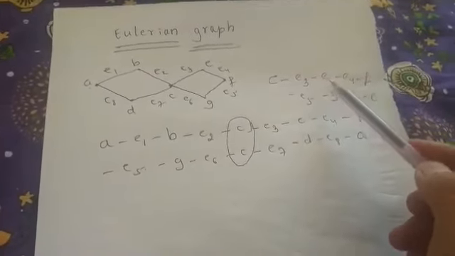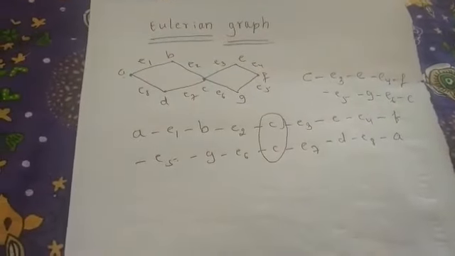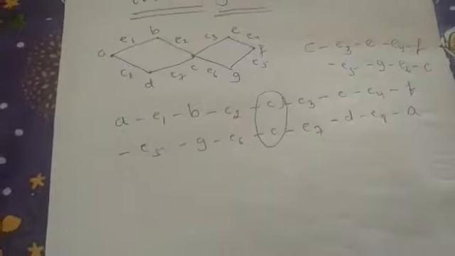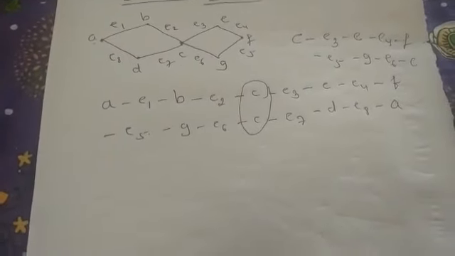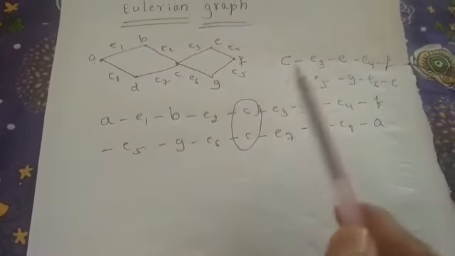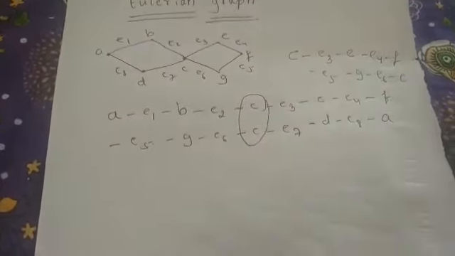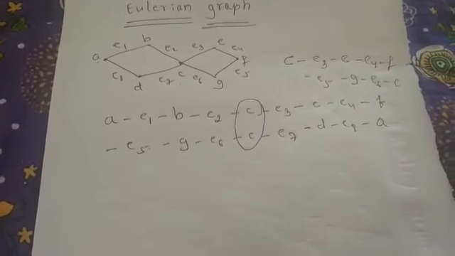Then what is the difference between this circuit and this circuit? Observe this circuit. This circuit has all the edges in one path. I'll repeat it once again. This walk includes all the edges in the walk.